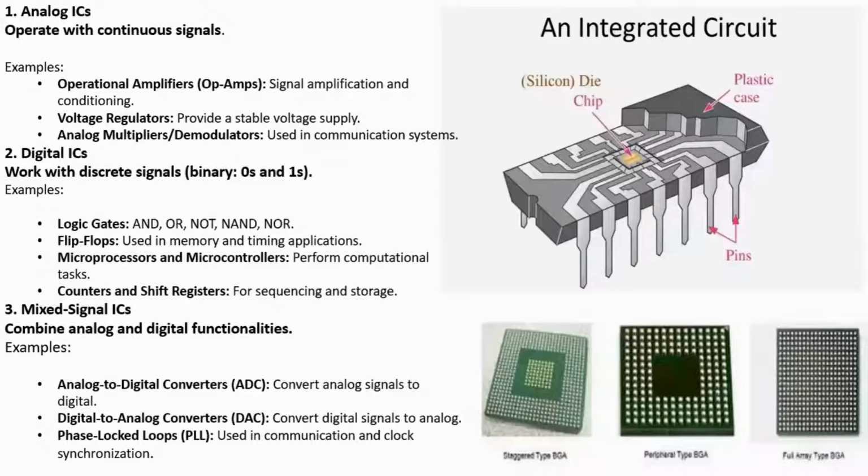Now, types of function of ICs. This is very important. Again, I told you, you can see on the right hand side, there is a small silicon die chip. The package is the bigger size, which will contain the pins and the plastic area. But the actual chip is the silicon chip, which is there in the center.